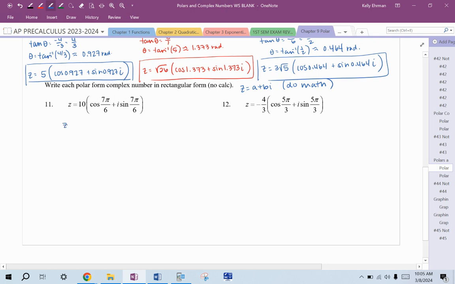So start on the inside. Cosine of 7 pi over 6. The cosine at pi over 6 is radical 3 over 2. This is in quadrant 3, so we're going to be negative radical 3 over 2.